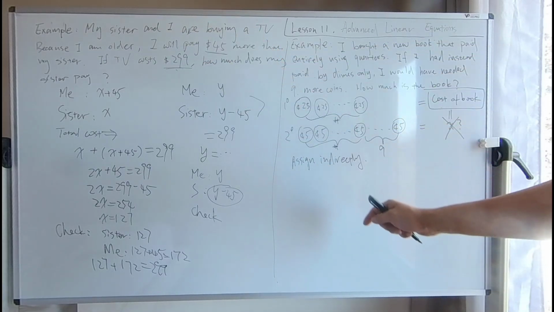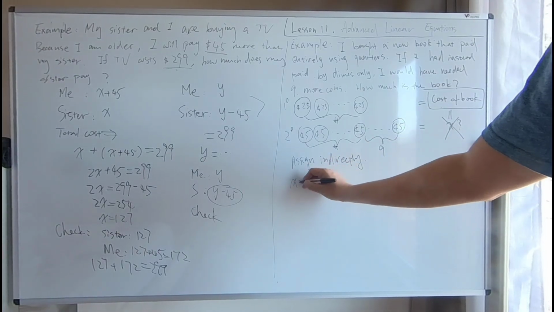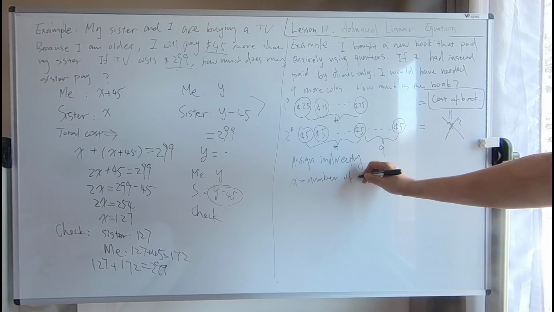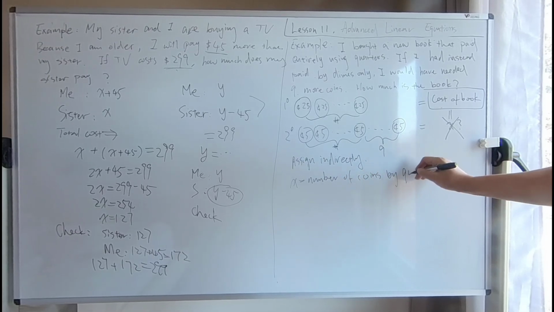But over here, for simplicity, let me assign x to be the number of coins using quarters only.